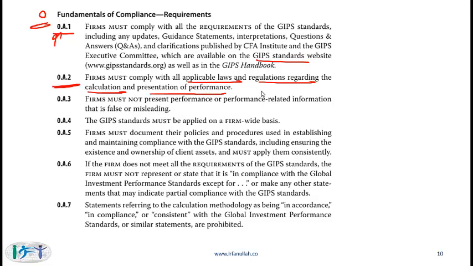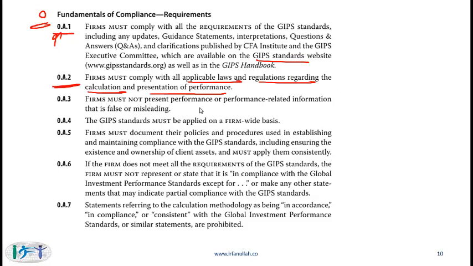The point here is that if there are no specific laws and regulations, then GIPS compliant firms must follow the rules specified in the GIPS handbook. If, however, a given country prescribes certain laws about how to report performance, then the country's laws should be followed, and any differences between the country's laws and GIPS need to be documented.